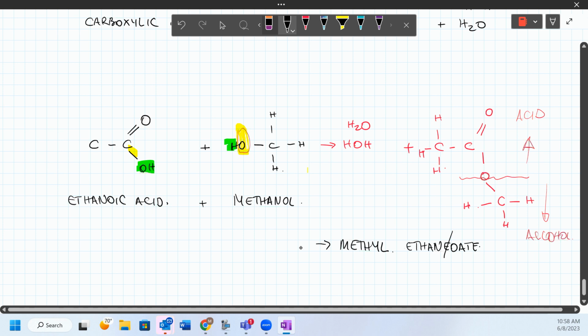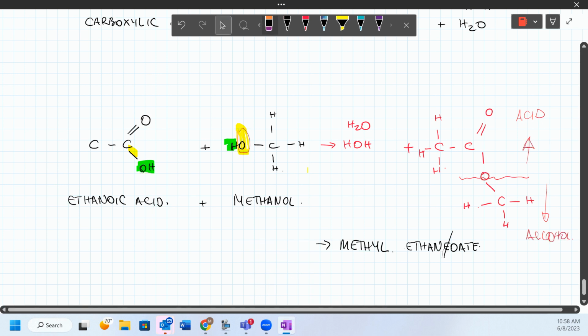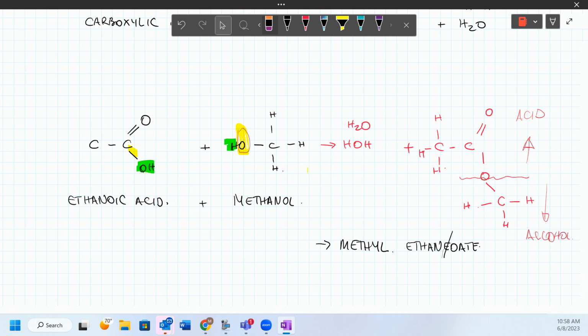So methyl ethanoate is the ester that is formed here. Make sense? As the esterification, it's the ester that is formed, not the alcohol.